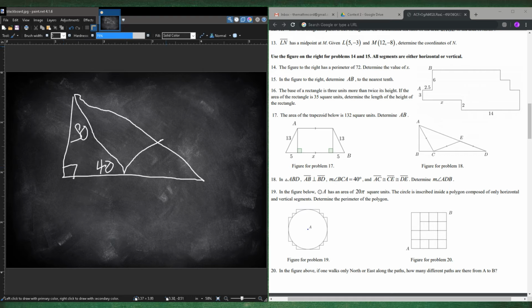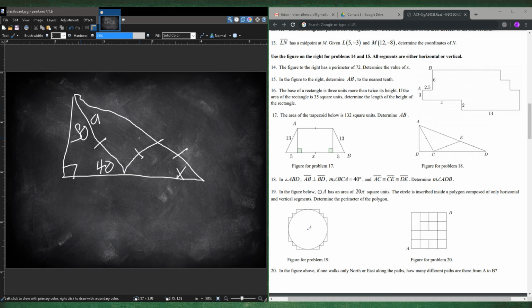And AC is equal to CE, so this is equal to this one, which is also equal to DE, which is also equal to this. So determine angle ADB. So we have to look for this. Since these two are the same, that means it's an isosceles triangle.